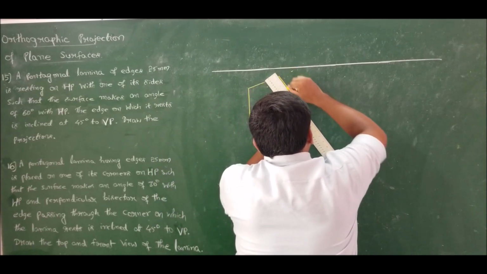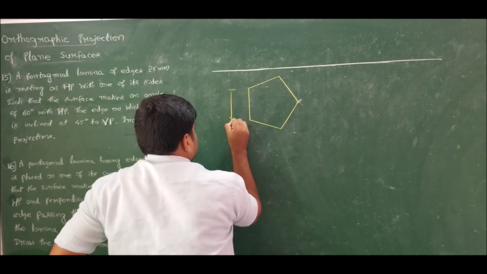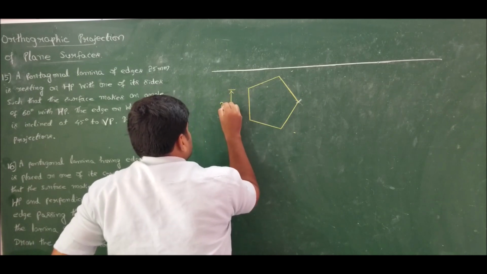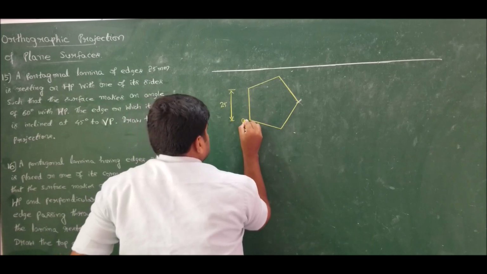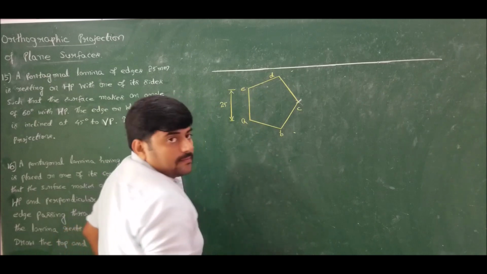Now mark these corners, and this dimension given for us is 25 mm. Let me call these corners A, B, C, D and E.